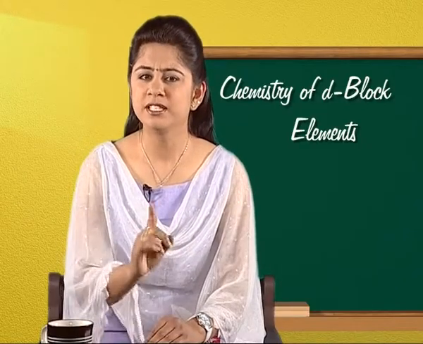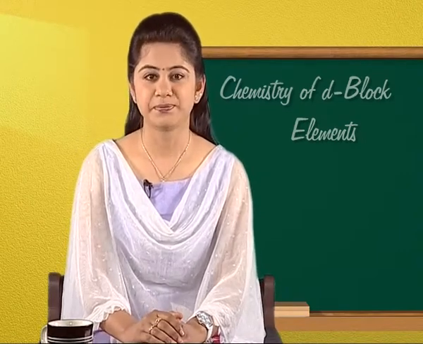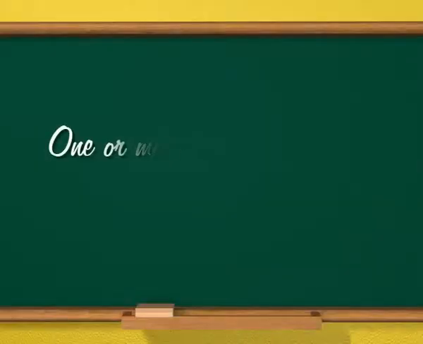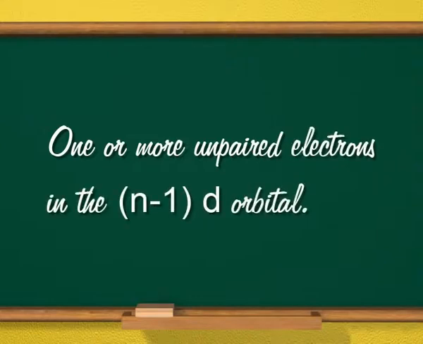Students, now it's time to discuss magnetic properties in them. Magnetic properties. Students, as we have discussed, transition metals generally contain one or more unpaired electrons in the (n-1) d orbital.